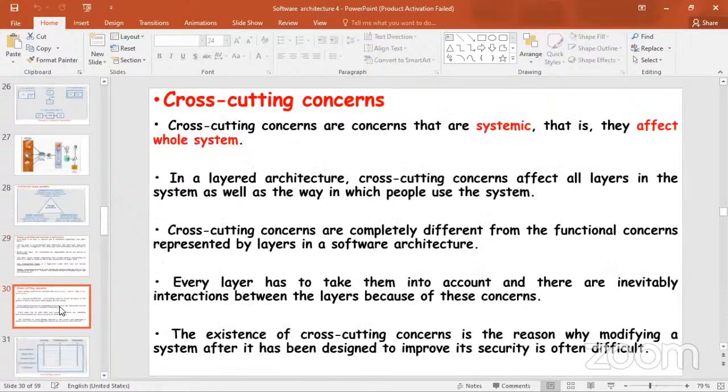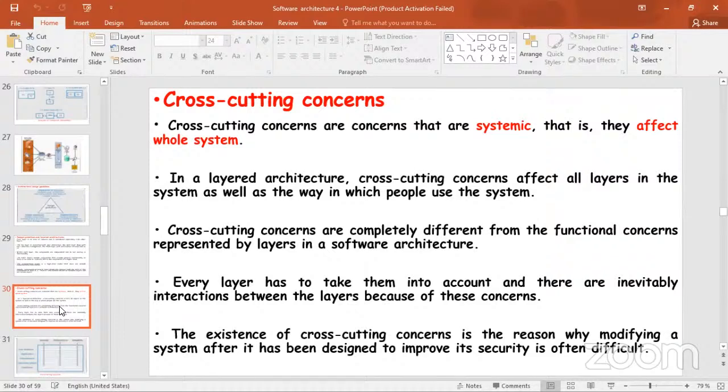Now, cross-cutting concerns are concerns that are systemic. That means it goes from the first layer to the last layer, i.e., they affect the whole system. In a layered architecture, cross-cutting concerns affect all the layers in the system, as well as the way in which people use the system.